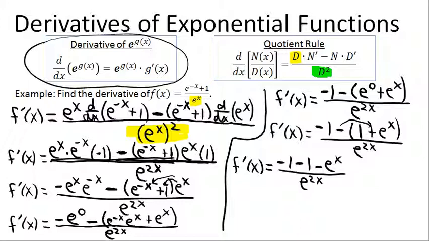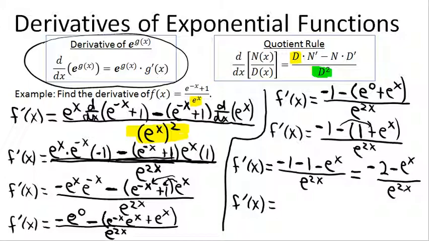Well, minus 1 times minus 1 is minus 2, and really that's about all you can do with it, so you end up with f prime of x. In fact, I'll take an extra step up here. Minus 2 minus e to the x all over e to the 2x.